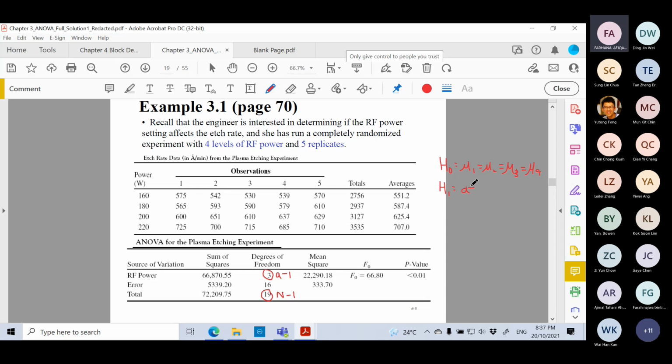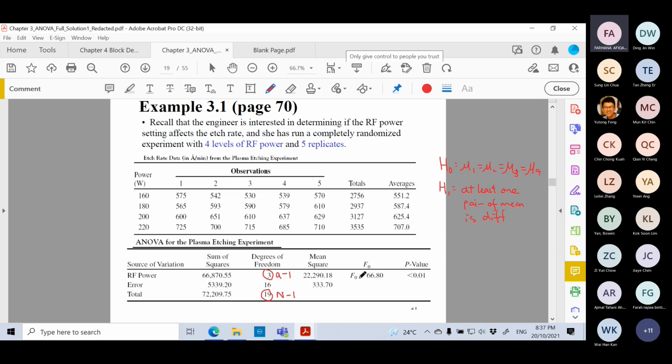H1, just now I said, is that at least 1 pair of means is different. This is the hypothesis you are going to test.